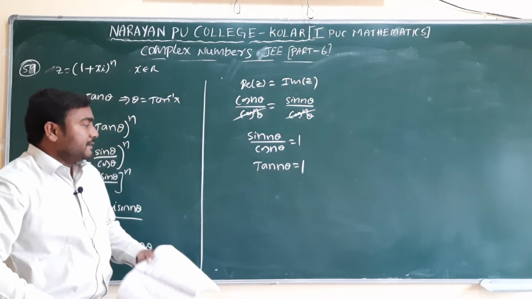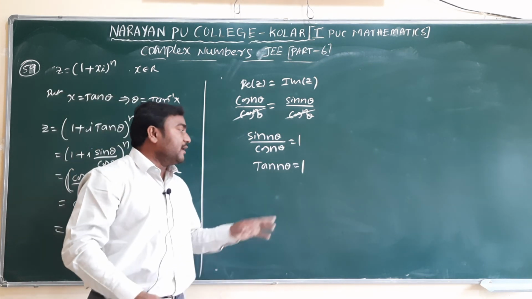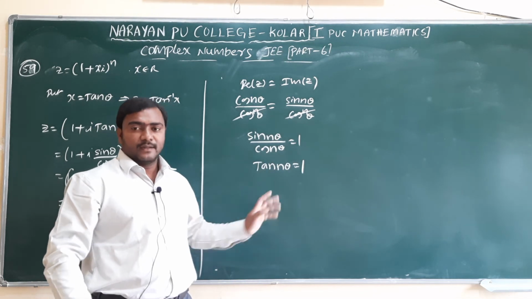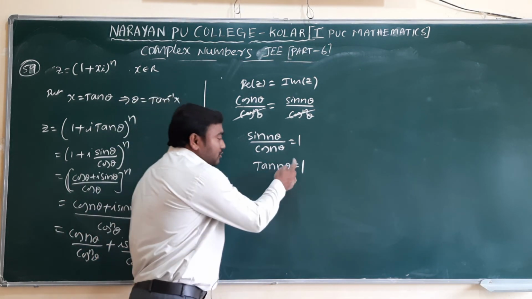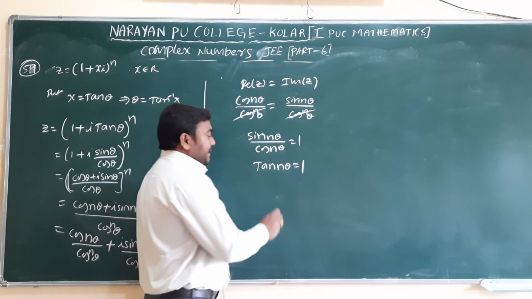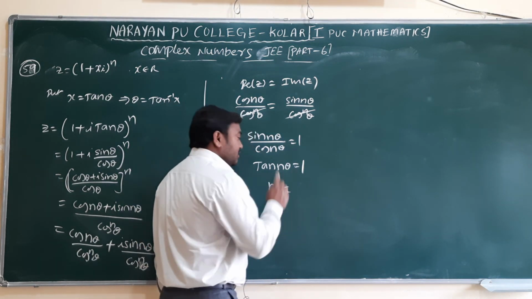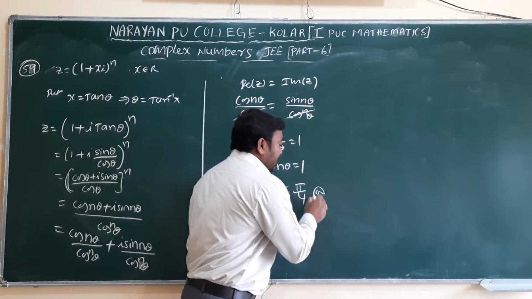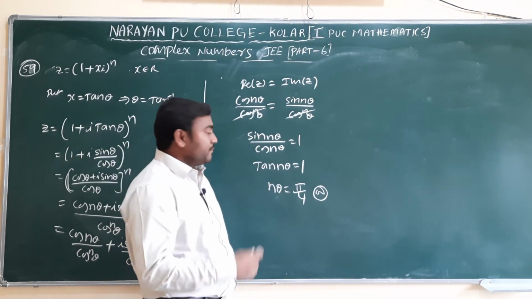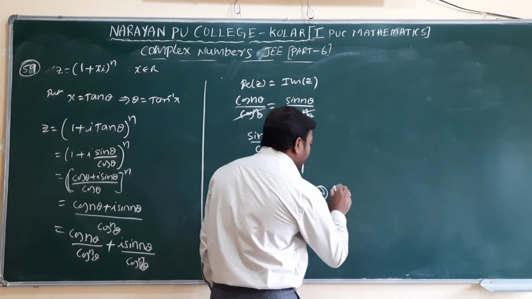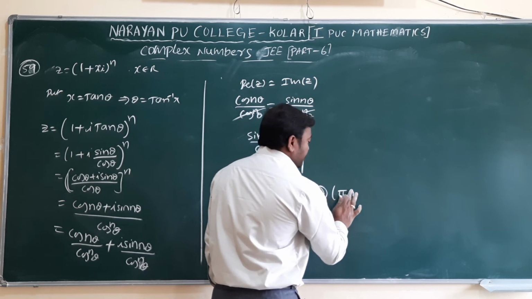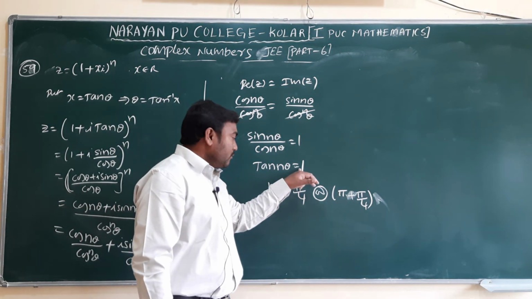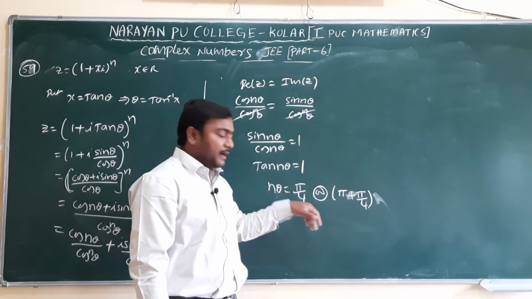So tan is positive in the first quadrant and the third quadrant.